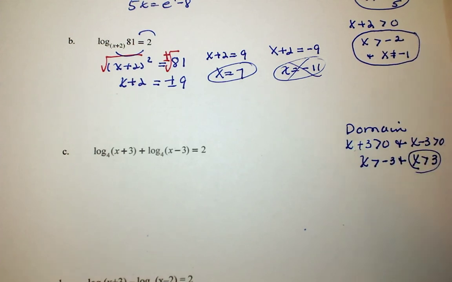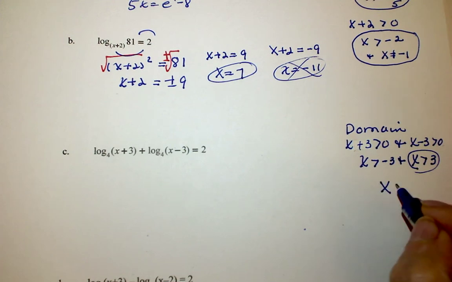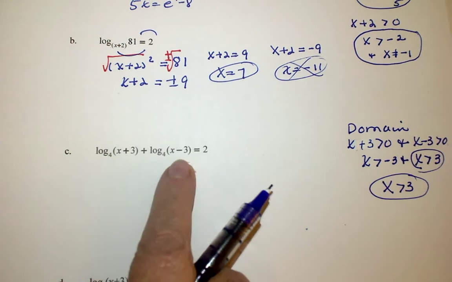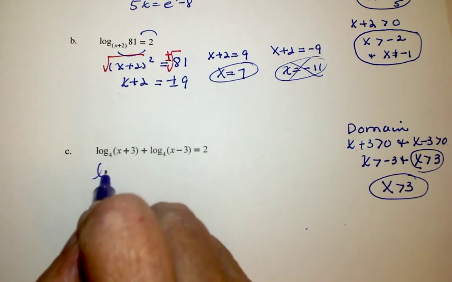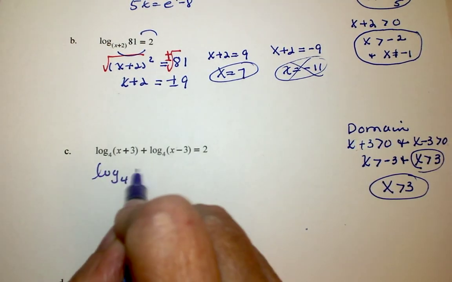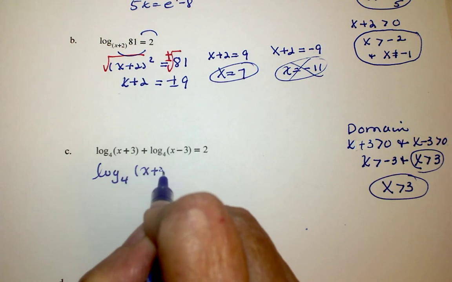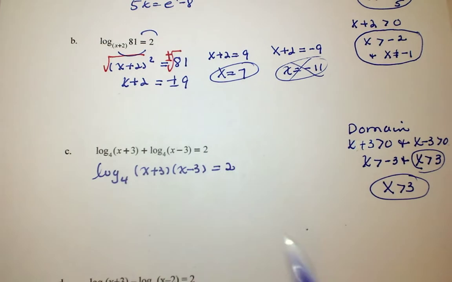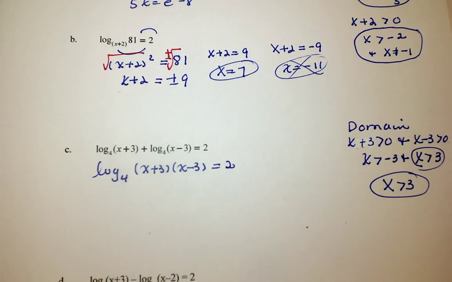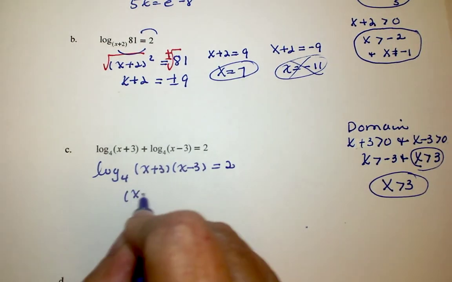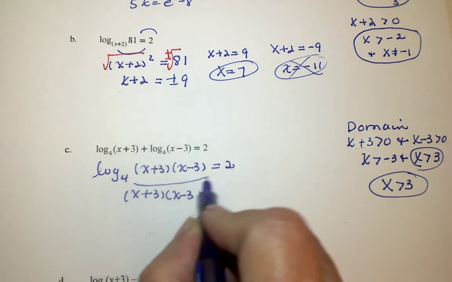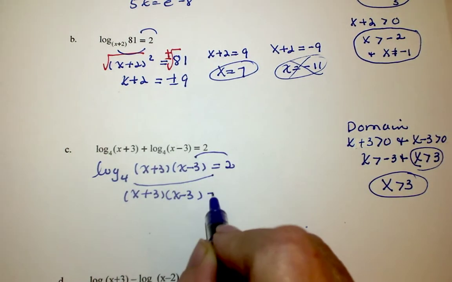You pick the bigger of the two numbers, so my domain is x greater than 3. This is a sum. Sum turns into a product. So log base 4 of x plus 3 times x minus 3 equals 2. Or x plus 3 times x minus 3, rewrite this, 4 squared equals the argument.